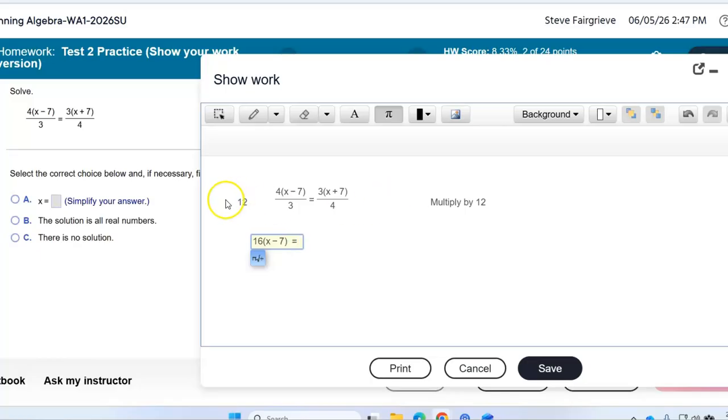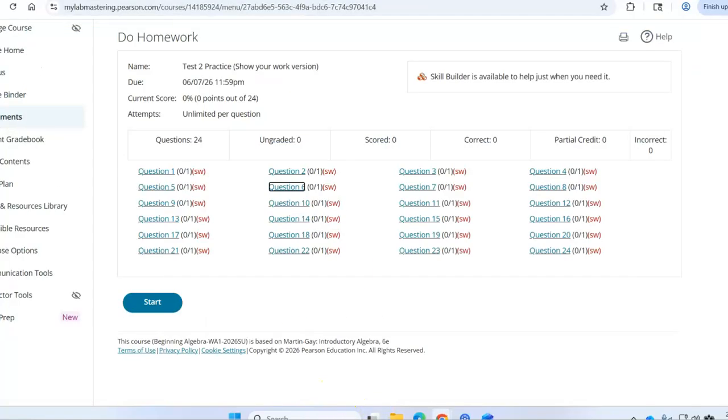And on the other side here, 12 and 4 will cancel to be 3. 3 times 3 will be 9, times x plus 7. Right? And then I just keep working. 16 times x is 16x. 16 times 7, well, if you need to, you can use your Desmos graphing calculator.